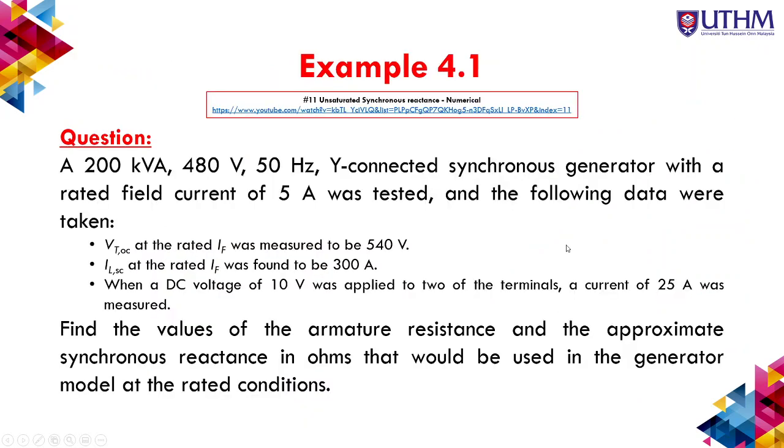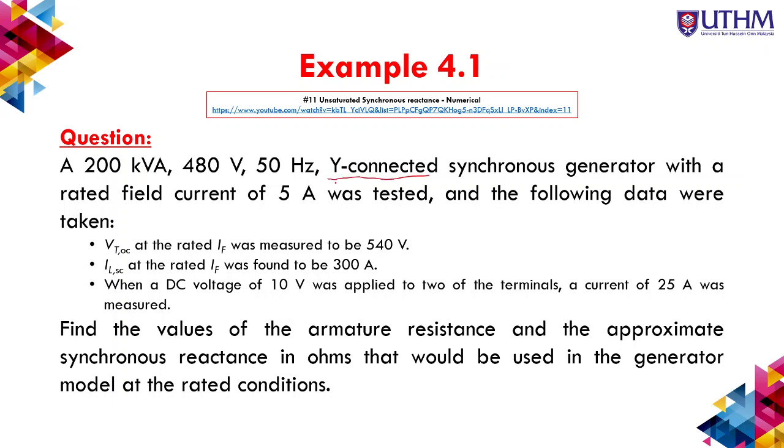Okay, so then we go to the example. Please look carefully. In this video also they will provide you the solution. For example, 200 kilo volt ampere, 480 volt, 50 hertz, Y connected. Please remember, this is important.